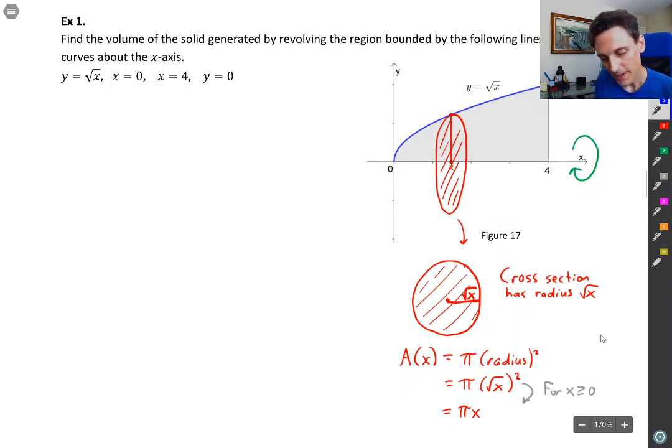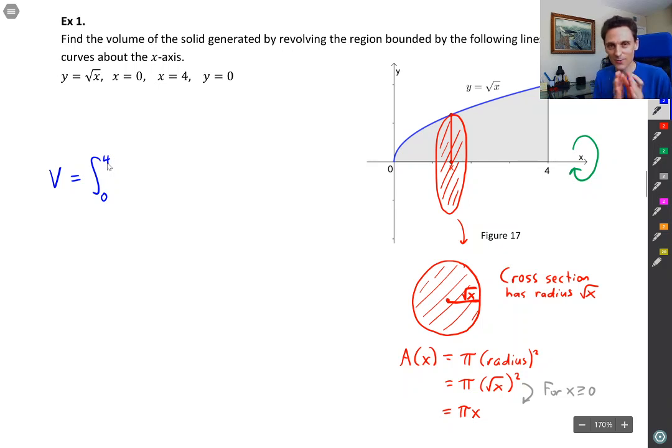Okay, so let's plop that area into our formula that we came up with for the volume of the solid that's generated by revolving this whole region here about the x-axis. So what we do is we take the integral across our region, or across our solid. So that's going to be from x equals 0 to x equals 4. You can think of this as adding up all of these areas of these circles as x goes from 0 to 4.